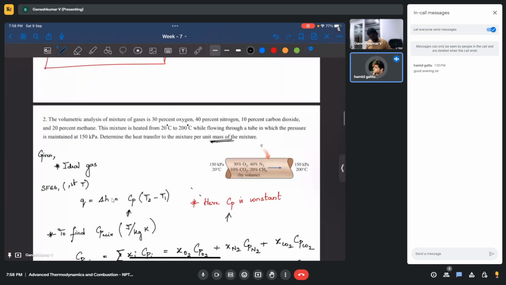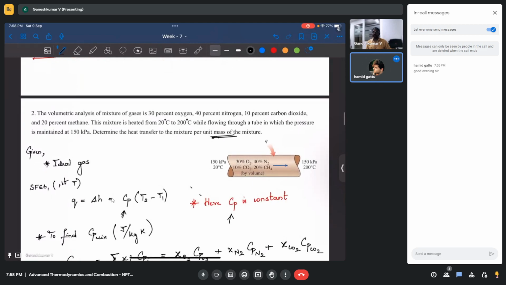True, it's uniform everywhere. If you look at it, this is a mixture, and these are miscible mixture constituents. As soon as it comes in contact, it mixes fully. That's why you can safely consider that it is uniform everywhere.